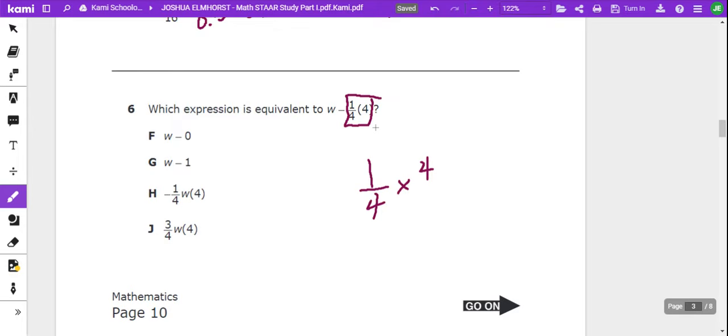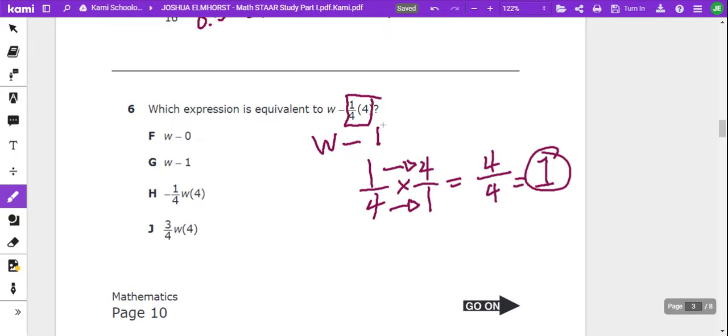This is actually using integers and fractions, but in order to multiply this, we put the 4 over 1 and then multiply straight across. 1 times 4 and 4 times 1, which becomes 1. So if we change this to W minus 1.